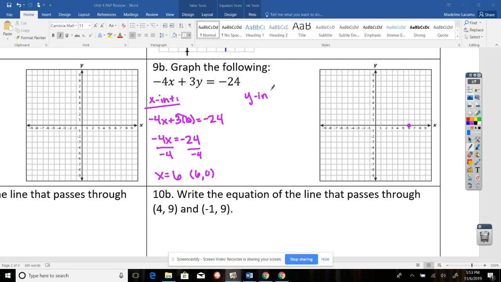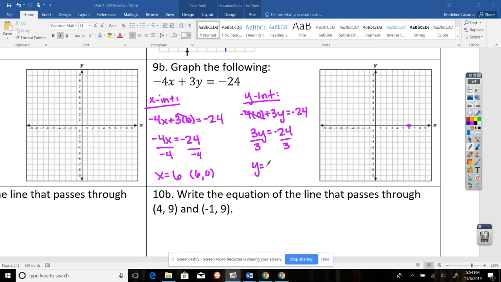Now our y-intercept, we do the same thing, except we're going to replace x with 0. So I have negative 4 times 0 plus 3y equals negative 24. So the 0 cancels out, and I'm left with 3y equals negative 24. Divide by 3.